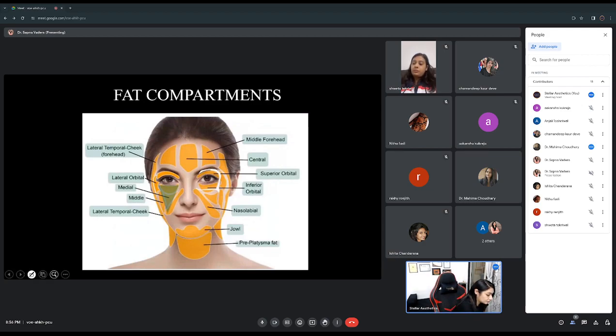You can see that all this complete thing comes down and gathers here. This is the ligament which is holding it. That's why it's not able to cross this line, because it gets held here. So everything deposits here, right?